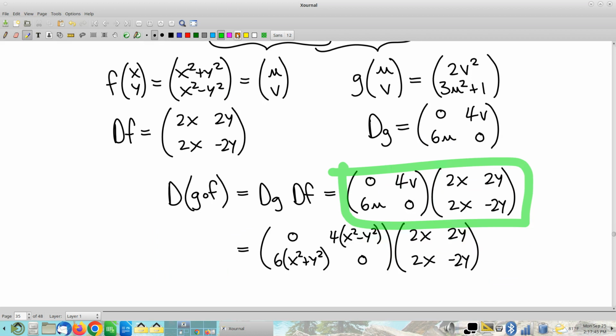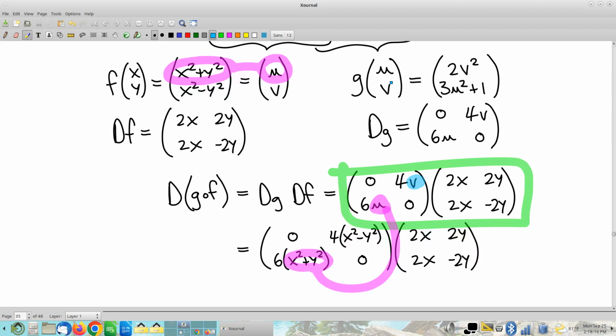And in particular, for example, this U right here. What is that U? It's the first input variable to G. Fine. But it is that because it's also the first output variable from F. And so that means that U is x squared plus y squared. And then likewise, what's the deal with this v here? How am I going to figure out what that v is?